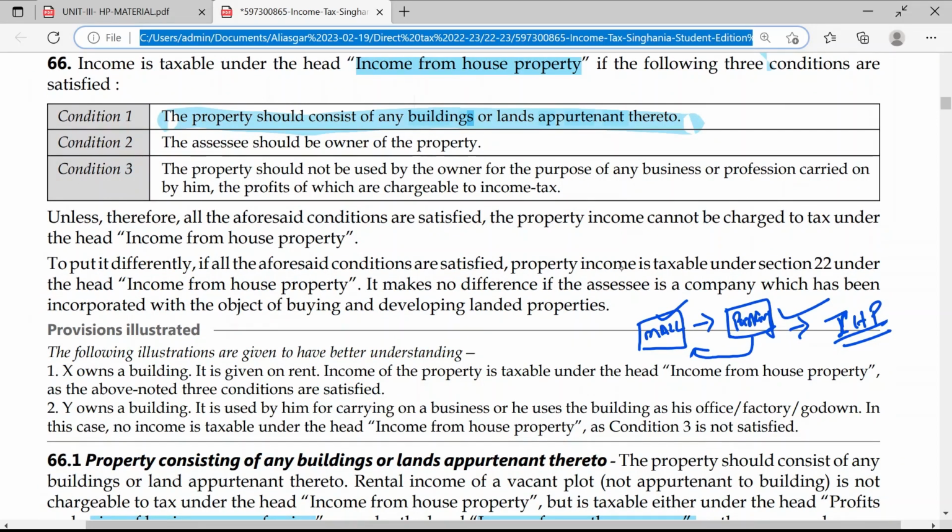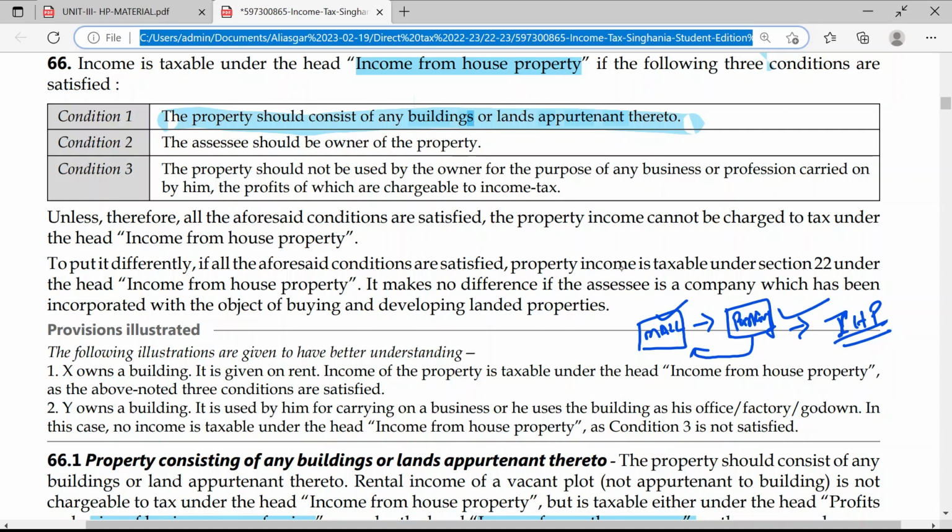So condition one, we had already discussed, the property should consist of any building or land appertaining thereto. The assessee should be the owner of the property. It may include deemed owner also. It is included in deemed owner under section 27. The property should not be used by the owner for the purpose of any business or profession carried on by him, the profits of which are chargeable to income tax.